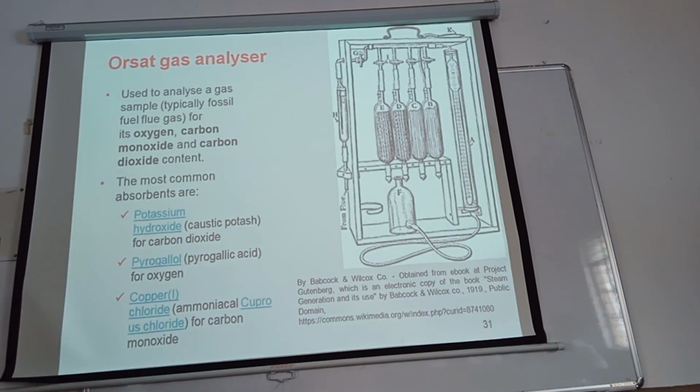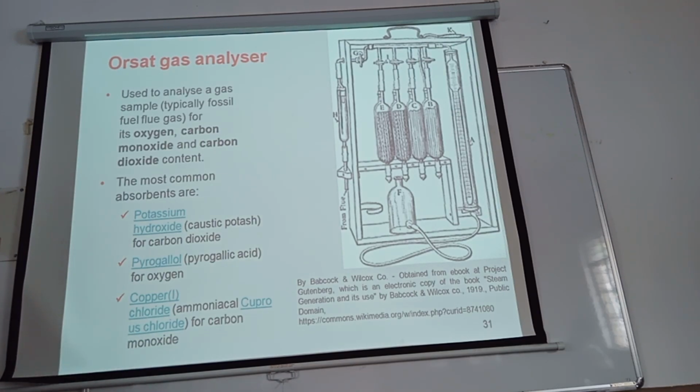It will absorb oxygen, and then finally copper 1 chloride, that is cuprous chloride, ammoniacal cuprous chloride. So it will basically supply that. There will basically be hydrochloric acid. In hydrochloric acid, copper sticks or copper rods will be immersed, and there it will create cuprous chloride.